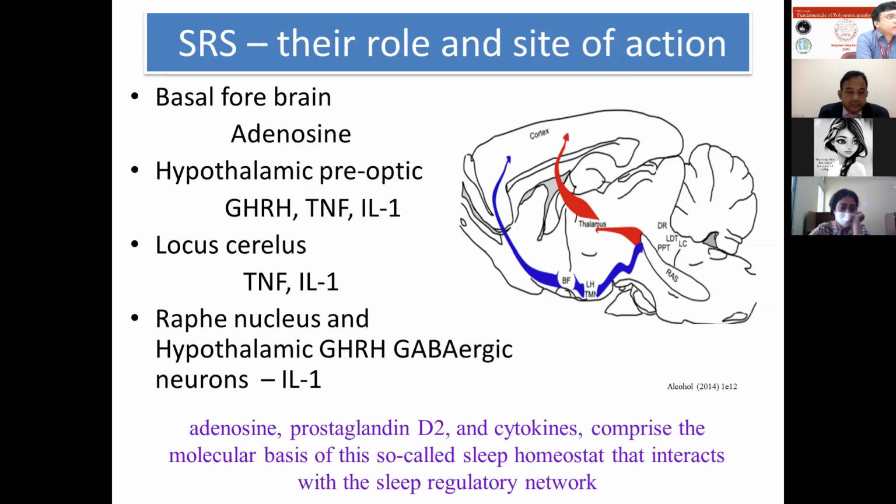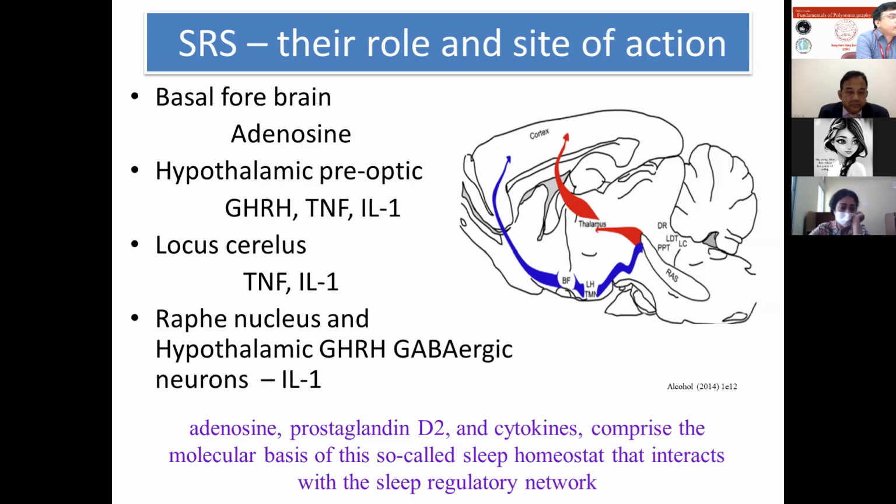Having known the list of all the sleep regulatory substances, one of the criteria is that they have to act on the sleep-wake regulatory circuits. Adenosine plays a very important role, and its main area of action is in the basal forebrain.